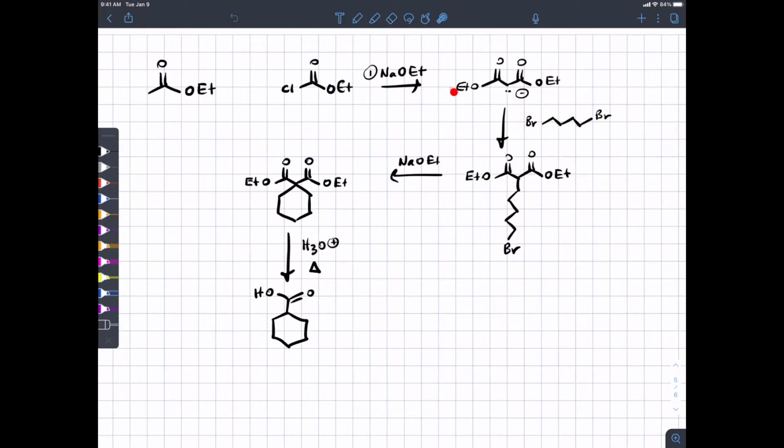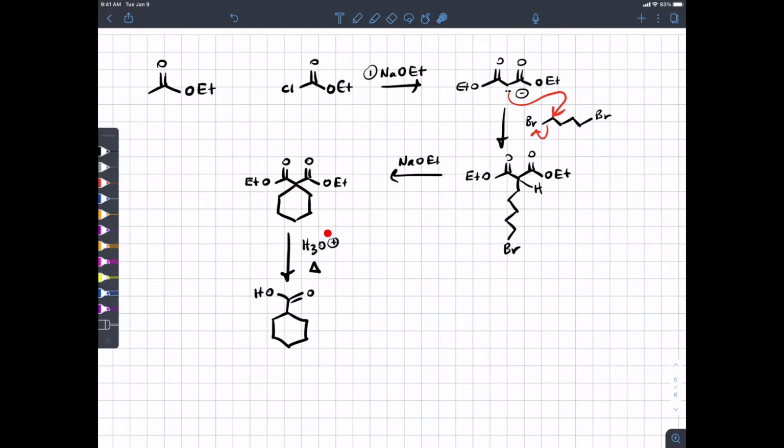This step is now back from chapter 17 or something, enolate alkylation, where the enolate attacks the sigma star, the antibonding orbital between carbon and bromine to make a new carbon-carbon bond, and then you remove a second proton, the other proton here, to make a new enolate, which also attacks the other Br, and you will have made a six-membered ring.